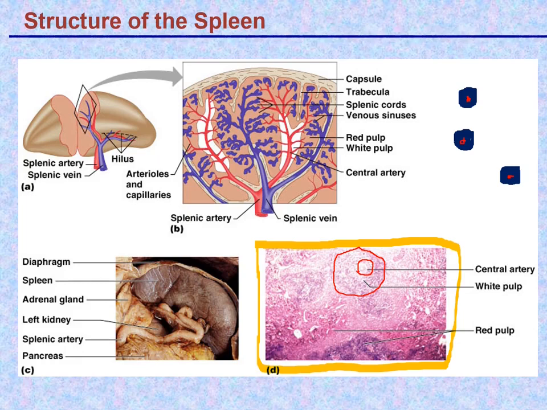Then it's macrophage rich. So essentially what you have is quite an open vasculature. I believe it's a sinusoidal capillary bed. So capillaries are very open and blood can actually get right out, percolate all around, interact with white cells, macrophages, etc.